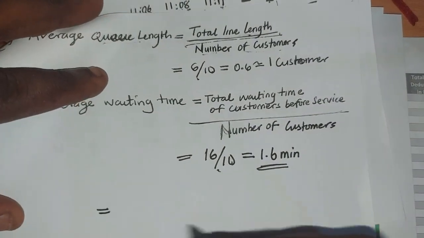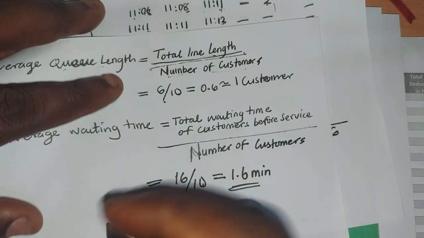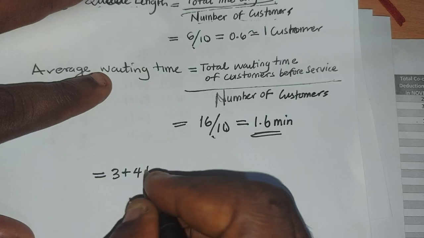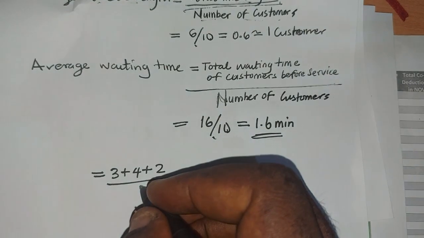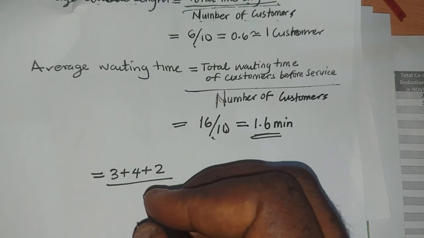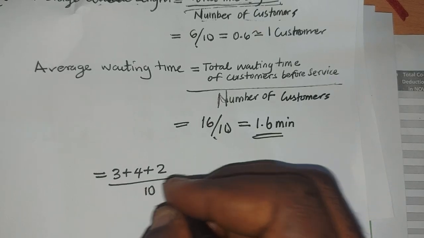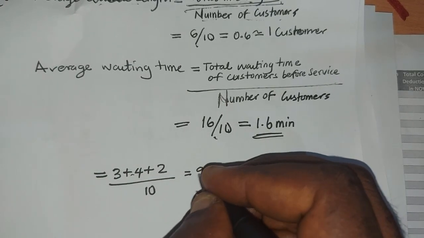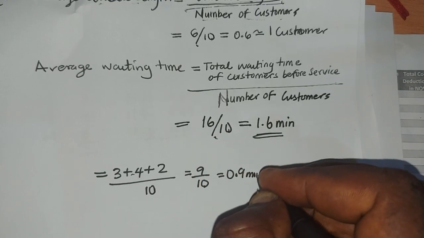Average service idle time will be 3 plus 4 plus 2, all over the number of customers, which is 10. 3 plus 4 is 7, plus 2 is 9, so 9 over 10, which is 0.9 minutes.